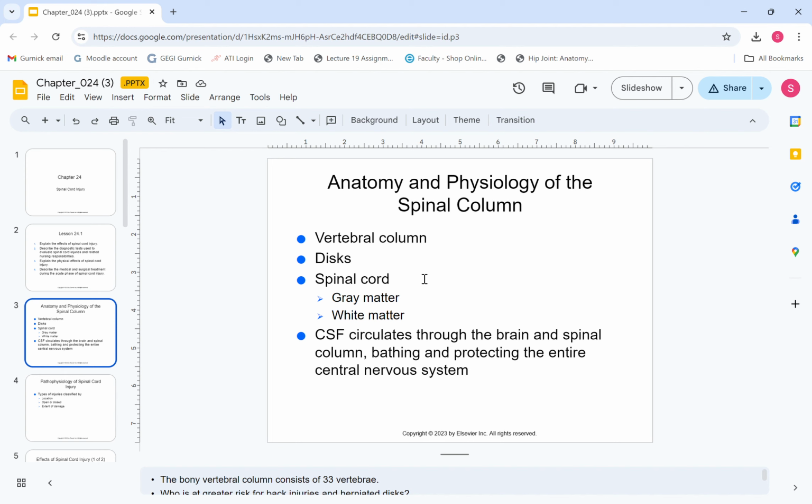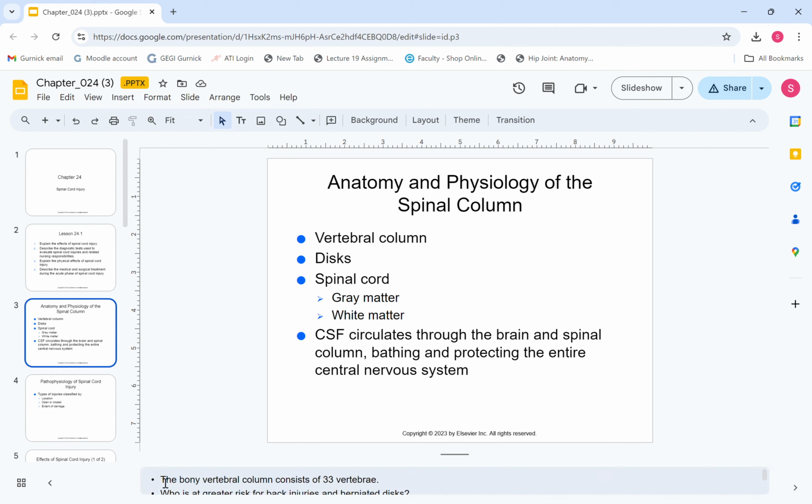A ventricle is a hollow space filled with fluid in your brain. The fluid is going to get to that fourth ventricle, and then it's going to flow through your spinal cord.